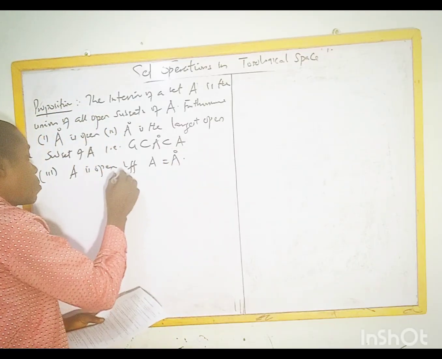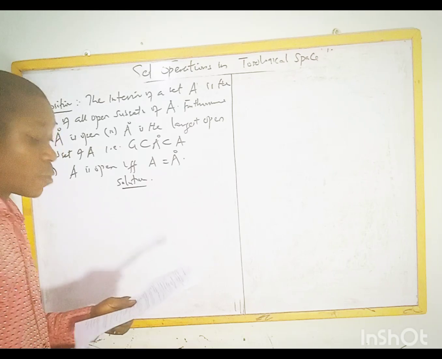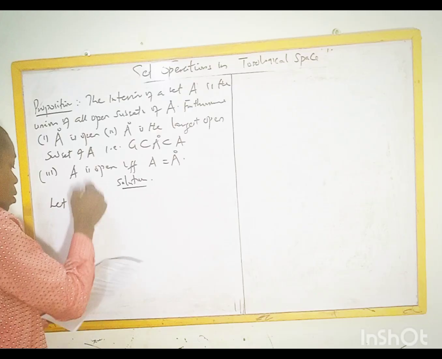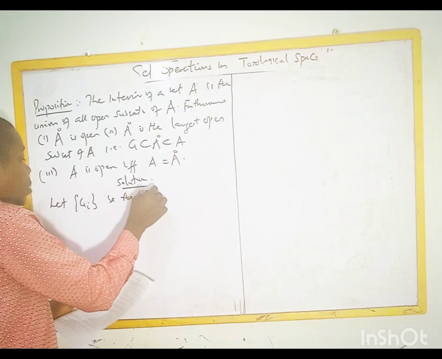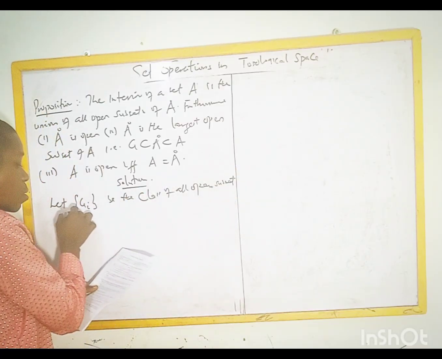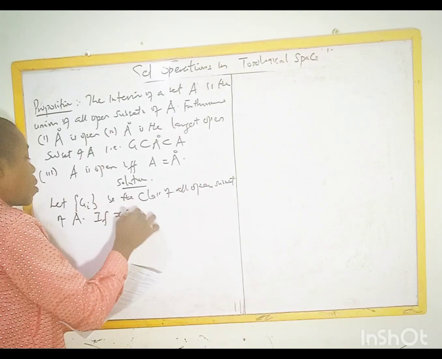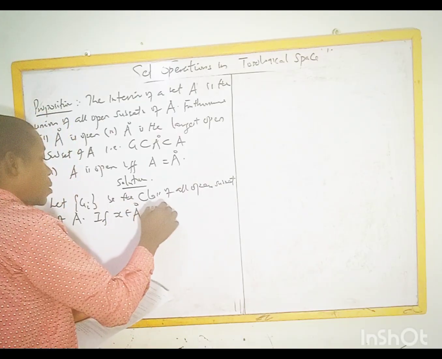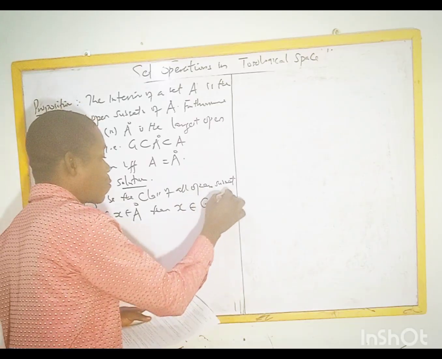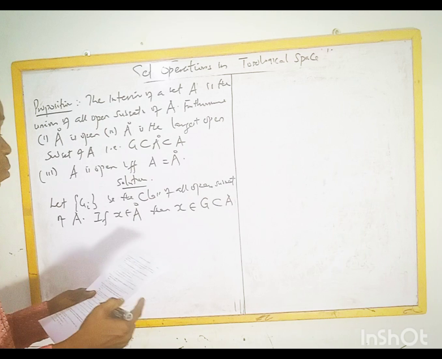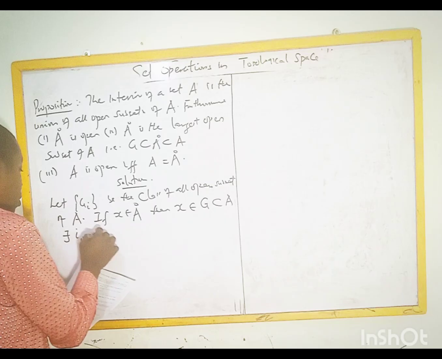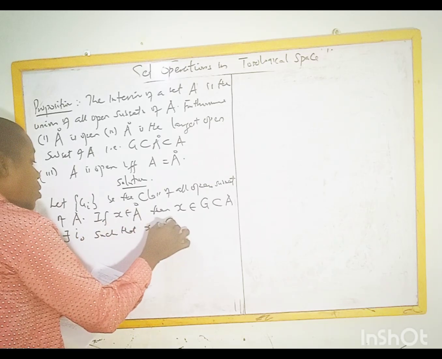Now what we do is very simple. We make a supposition. Let G_i be the class of all open subsets of A. So if x belongs to the interior of A, then x belongs to an open set G which is a subset of A, because for an interior point, there exists some i naught such that x belongs to G_i naught.